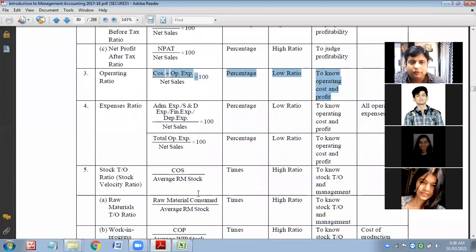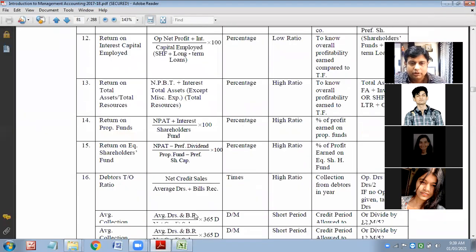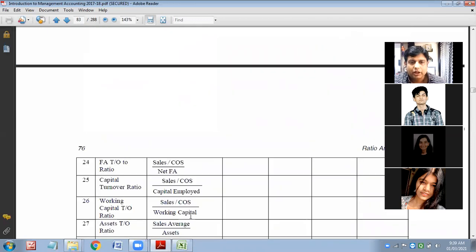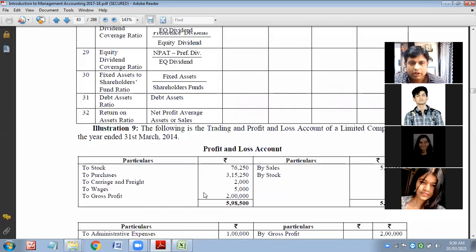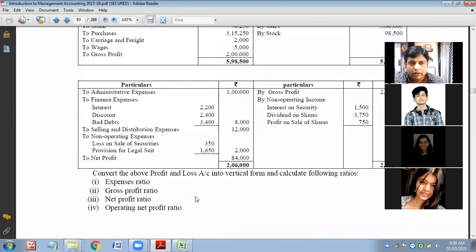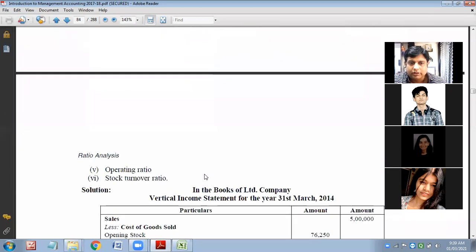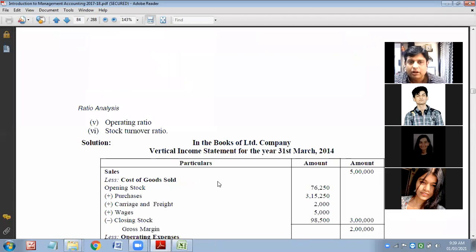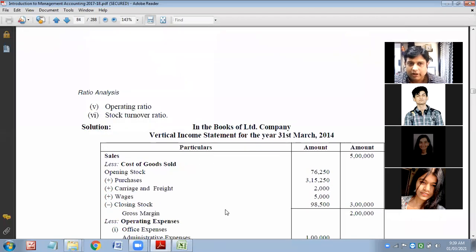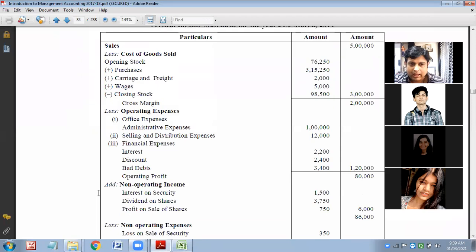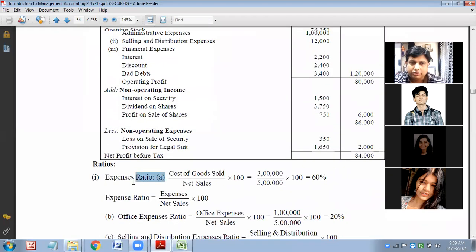And that is what kind of questions they have. देखिए ऐसा ही क्वेश्चन है आपके बुक में. P&L दिया हुआ है, बोलता है एक्सपेंस रेशियो बताओ, ग्रॉस प्रॉफिट रेशियो बताओ, नेट प्रॉफिट रेशियो बताओ, ऑपरेटिंग नेट प्रॉफिट रेशियो बताओ. Can't we calculate all this? Yes, first we will convert them into vertical form as I did, and then put every ratio's formula and calculate.